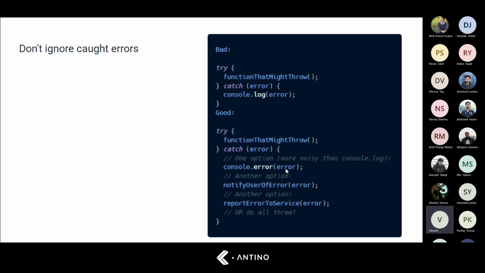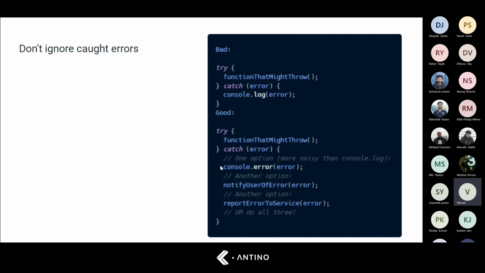In this case, we can simply make an API call and report the errors, just in case, to make it more explicit and more generic.